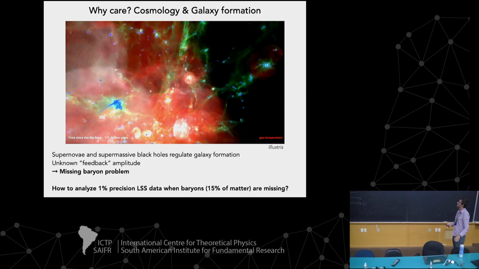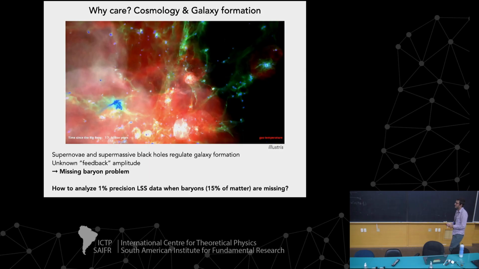And so that's a problem for galaxy formation, the fact that we don't know where the baryons are, and so it's hard to constrain how powerful those feedback processes are. It's also a problem if you want to do cosmology with large-scale structure data. I'm sorry, for me, LSS is sometimes last scattering surface and sometimes large-scale structure.